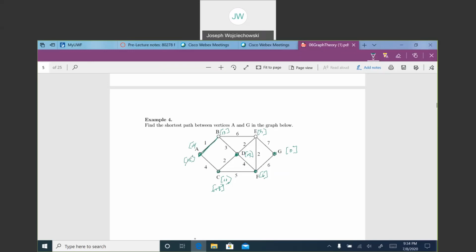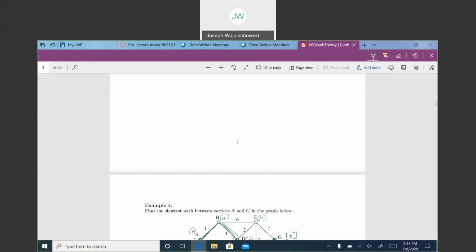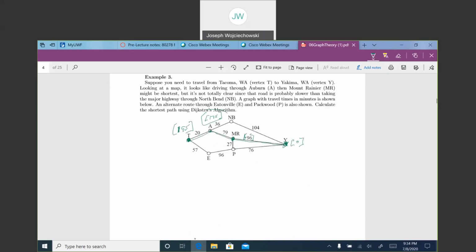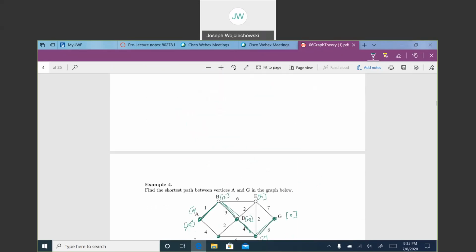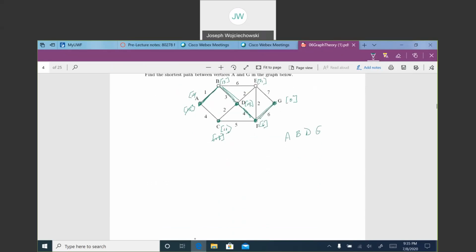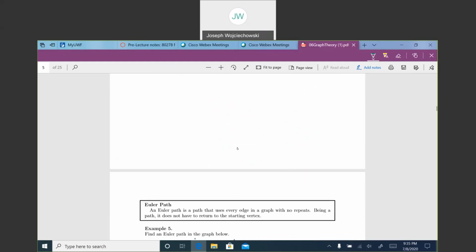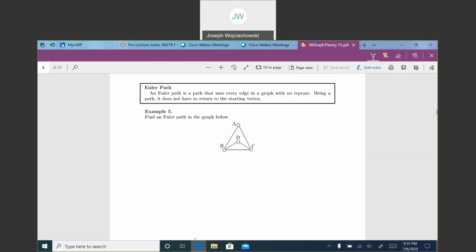So my path is this: A, B, D, G. And the path up here was T, A, M, R, Y. So that's how that method works. It can get a little confusing. I'll be openly honest with you on that.